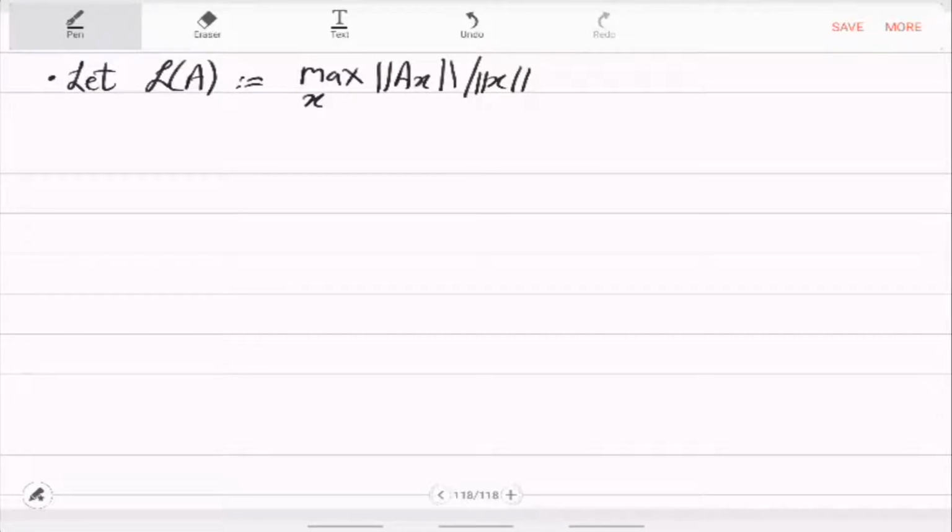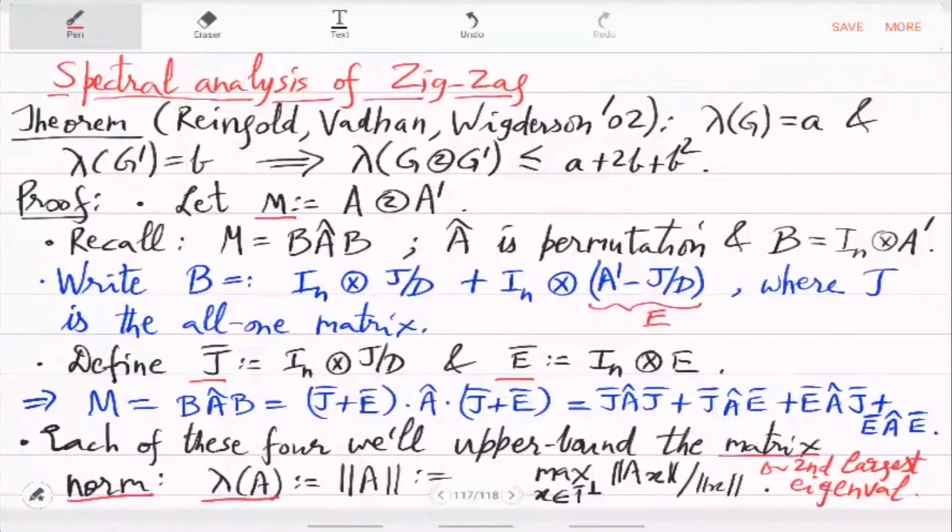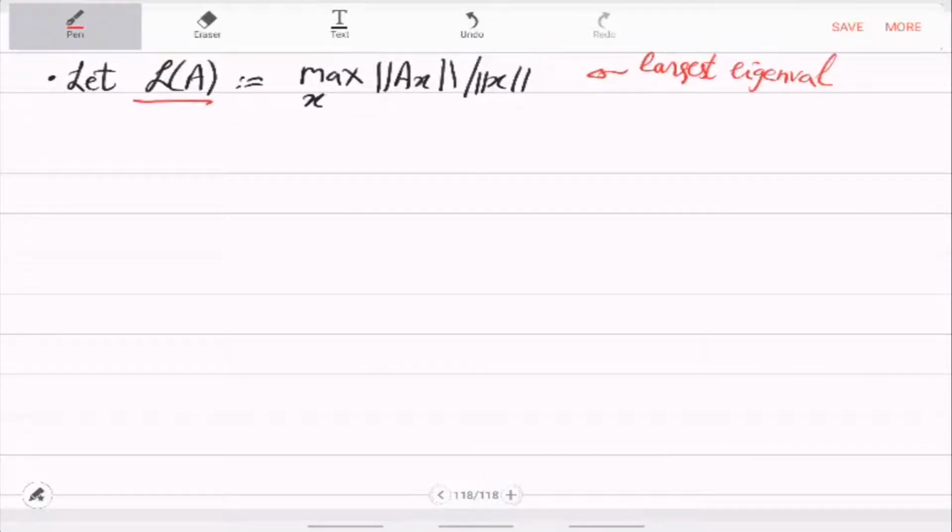This is another norm, and it will be bigger than the previous one. This is related to the largest eigenvalue, and the previous one was the second largest eigenvalue of A. So these are the 2 norms of interest. We are interested in the gap between the 2.